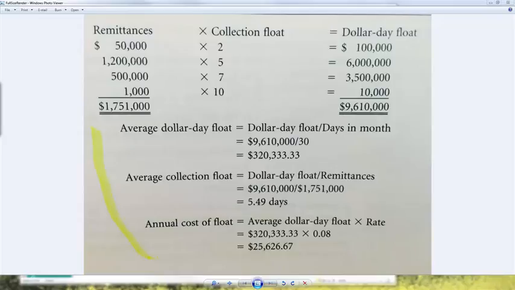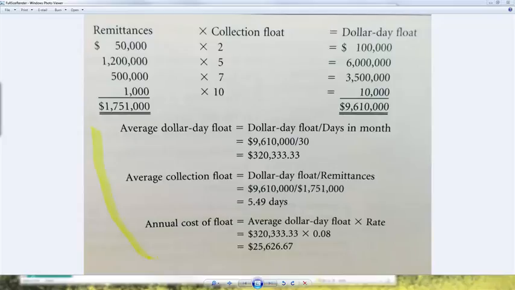And finally, using the average dollar-day float and applying our relevant cost of funds to that, in this case 8% in this example, we can come up with the annual cost of that float.